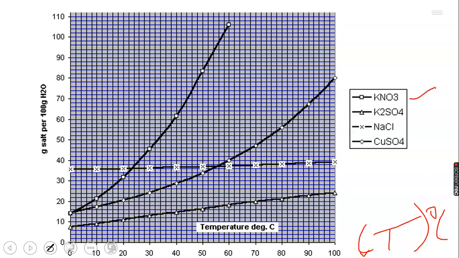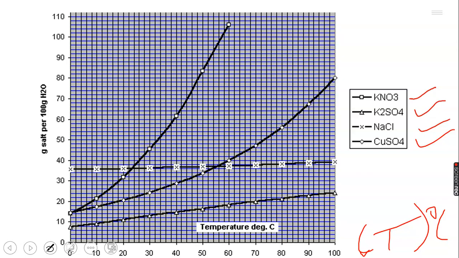When you look at potassium nitrate, potassium sulfate, sodium chloride, and copper sulfate, these are the keys you use in identifying them. For square, you have that one to be potassium nitrate, which is the first one.